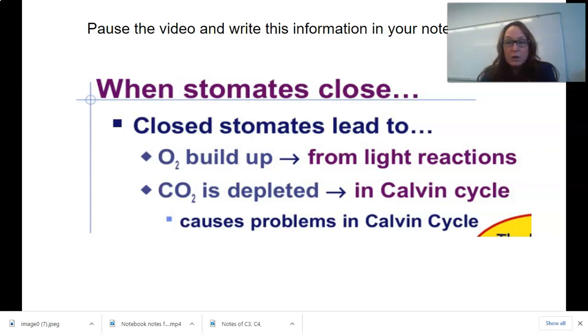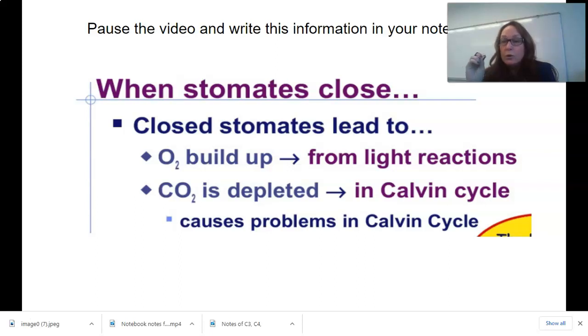So your oxygen concentration in those air pockets inside the leaf is going to increase. And you're going to continue to do carbon dioxide binding to RuBP through photosynthesis, so your oxygen will go up and your carbon dioxide will go down. These are the very conditions that push rubisco toward photorespiration.